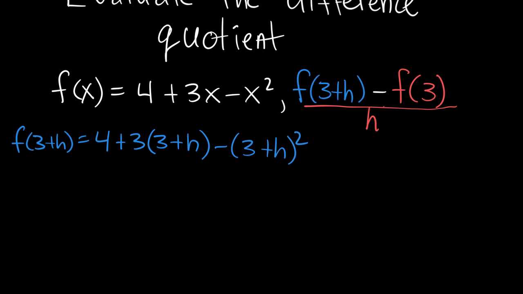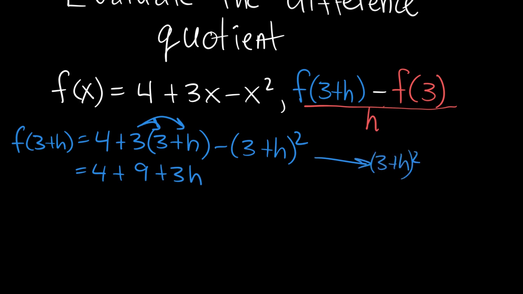Okay, so I'm going to simplify all this. And that is 4 plus, this ends up being 9, and then that is plus 3h. And then this I'm going to do over here, 3 plus h squared. What that means is 3 plus h times 3 plus h.